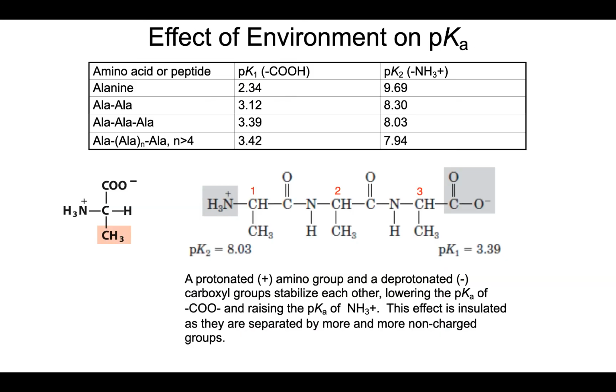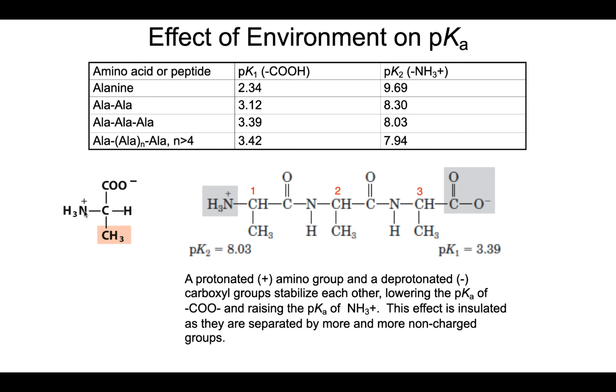All right, let's take a look at another example. So here we have an alanine amino acid. Here is the alpha amino group, here is the alpha carboxyl group. And again, just like we discussed in that previous slide, the carboxyl group's deprotonated state is stabilized when it's next to a protonated amino group.